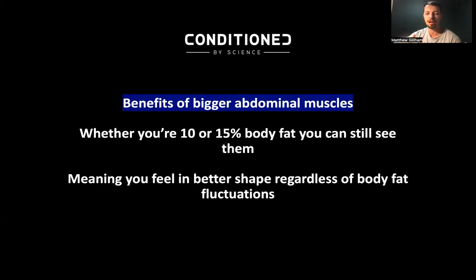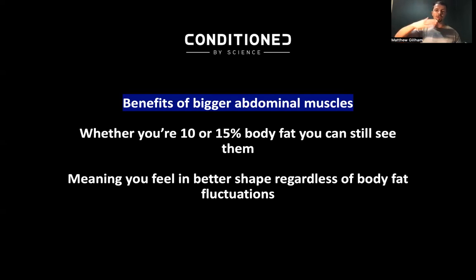Okay, so what are the benefits of having bigger abdominal muscles? Okay, so the big one is particularly when you move into a building phase, a gain phase, naturally your body fat percentage is going to creep up, because you're in a calorie surplus. But if you can have thicker abs, whether you're at 10% or 15%, you can still see them.